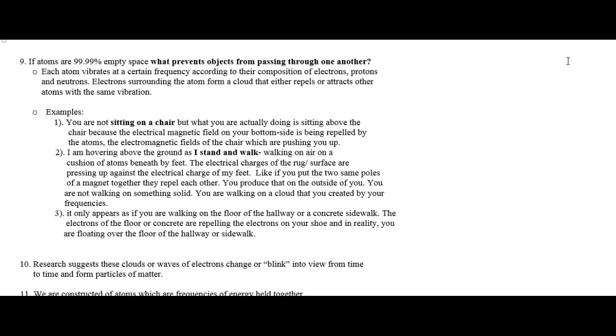Now this part is the interesting part. Just think about this when you're walking, when you're sitting, doing things. You are not sitting on a chair. What you're actually doing is sitting above the chair, because the electromagnetic field on your bottom side is being repelled by the electromagnetic field of the chair, which is pushing you up.